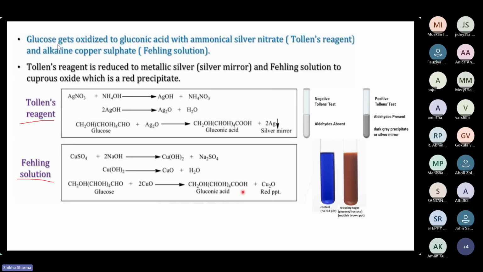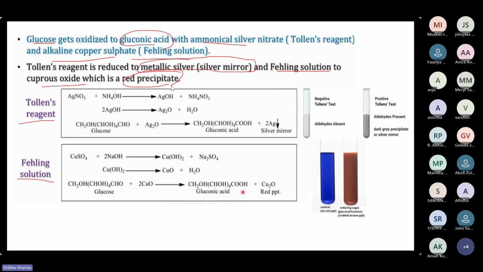Glucose gets oxidized to gluconic acid with the ammoniacal silver nitrate in Tollens' reagent, and in the Fehling solution it is oxidized to gluconic acid with alkaline copper sulfate. Tollens reagent is reduced to metallic silver, or a silver mirror, whereas the Fehling solution gives cuprous oxide, which is a red precipitate.